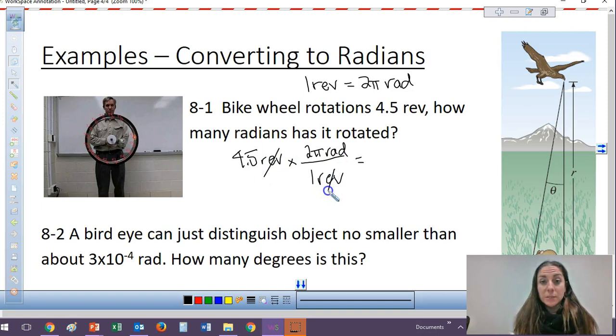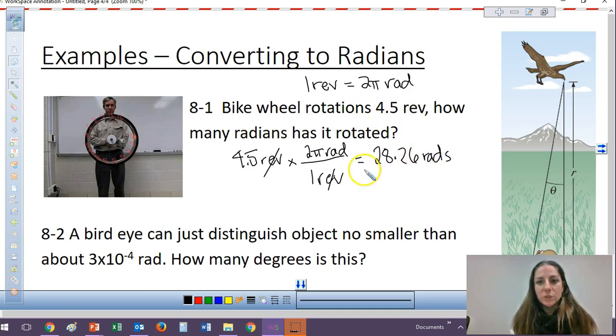The revolutions cancel and I can get radians, so 4.5 times 2 times 3.14. I'm using 3.14, but again, you can use your pi button, which is totally fine. It gets 28.26 radians. So just taking these revolutions and putting it into radians.